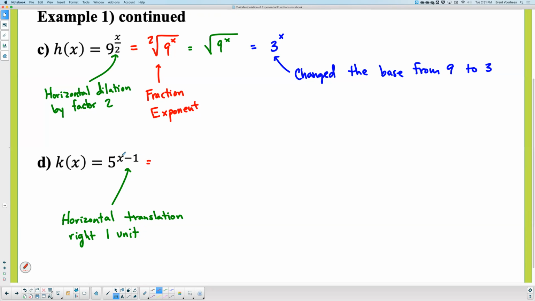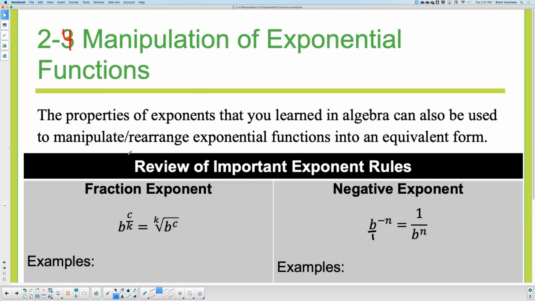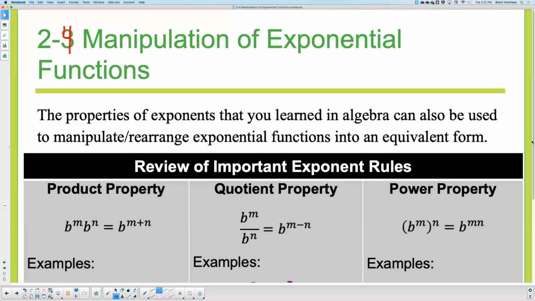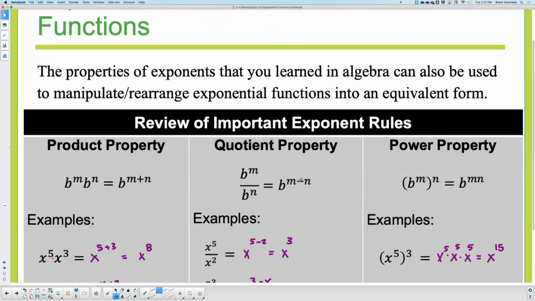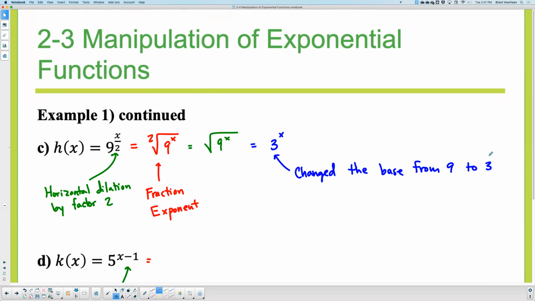What can we say that when the power is subtracting, what does that equal? I hear quotient property. Let's go check it out. Does the quotient property have a base with the subtraction power? Yes, you can turn that into the base of the positive over the base of the negative, the subtracting. Okay, so we're going to change this problem.